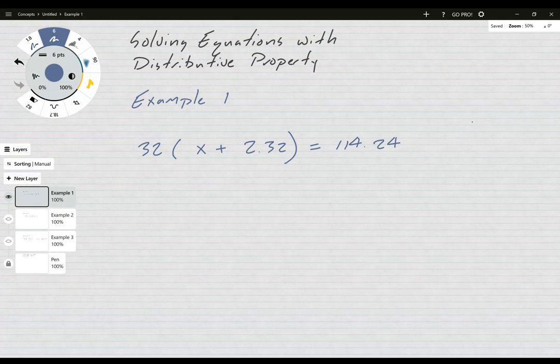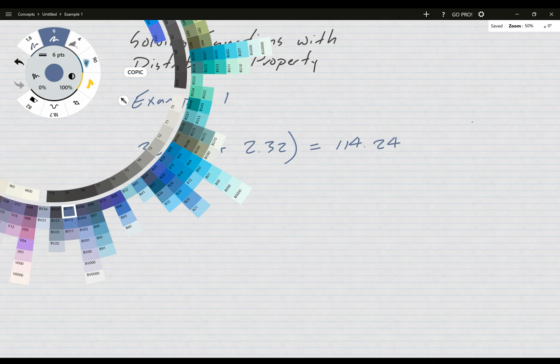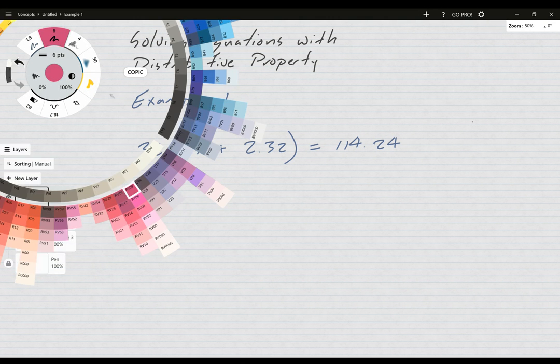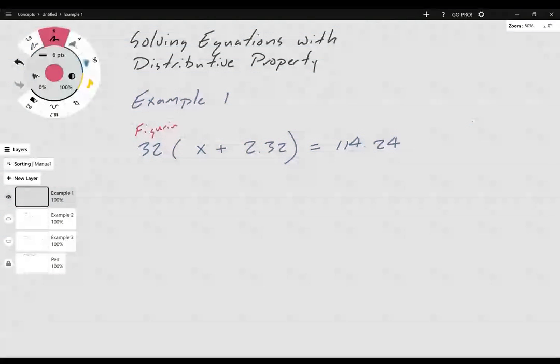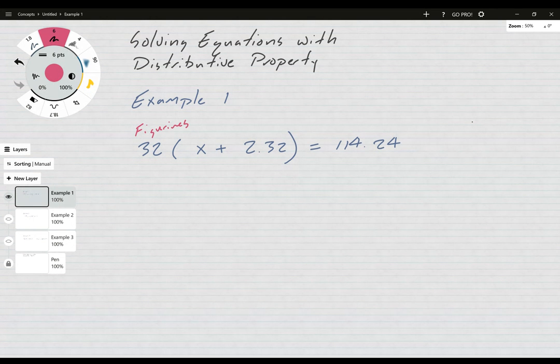So there's a couple pieces of information that we know. We know that there were 32 figurines. So the 32 represents the figurines. All right.